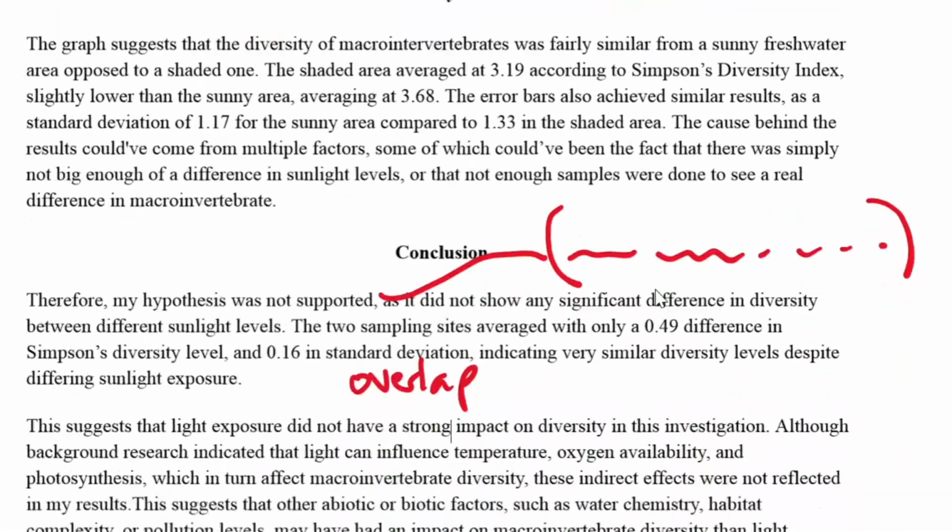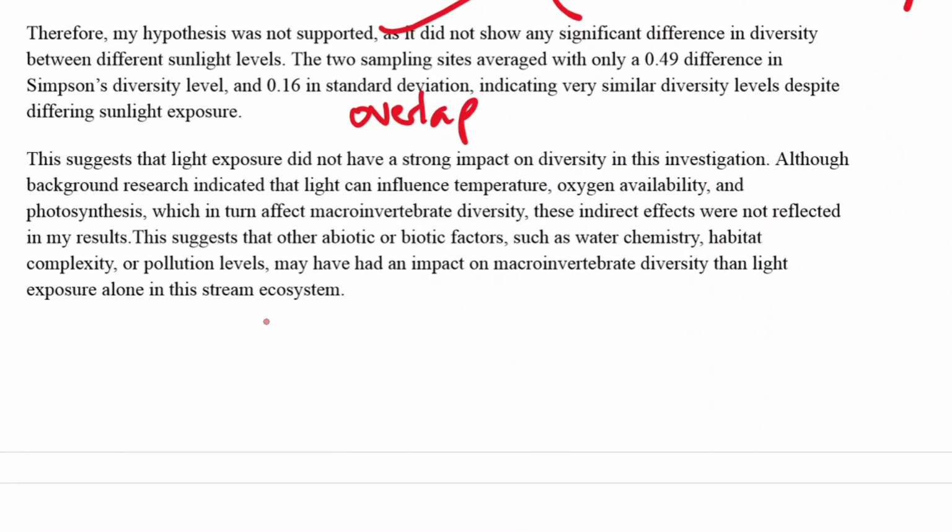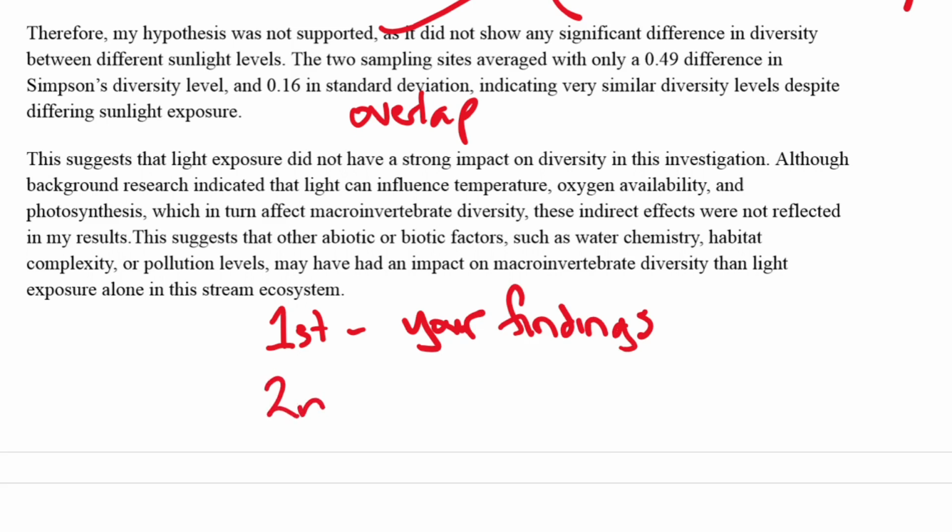Now, talking about your conclusion, your first strand is all about what you found out: your conclusion, your results, your statistics, your discussion of error bars. The second strand is about comparing to published work. If you don't have that, the maximum you can get is 3 out of 6.